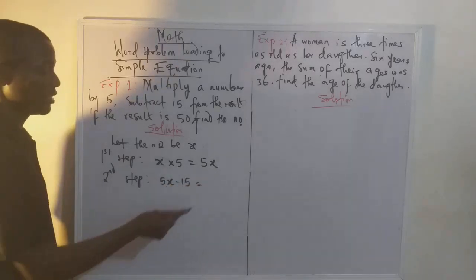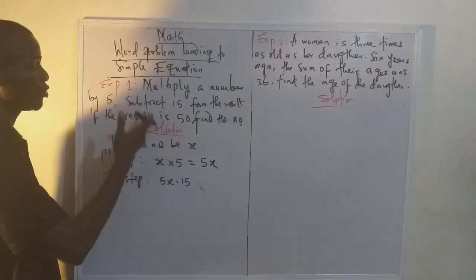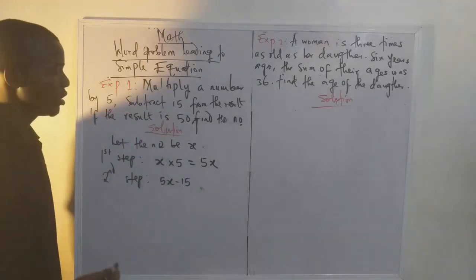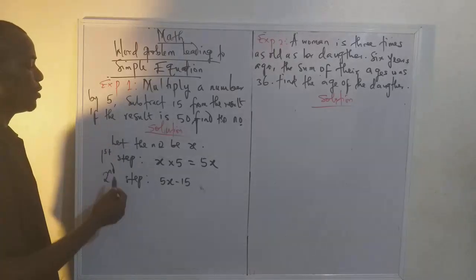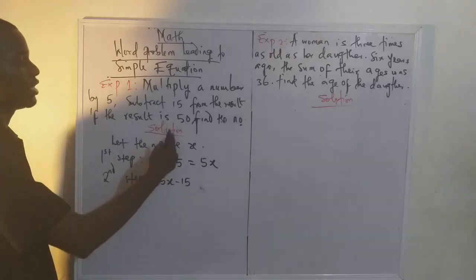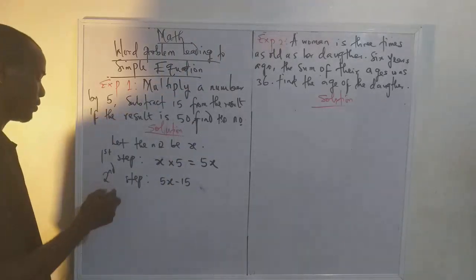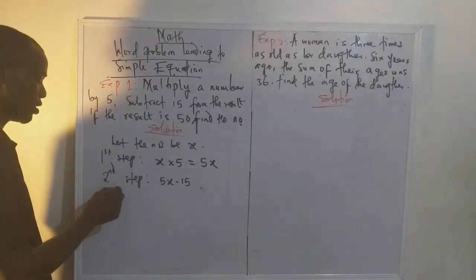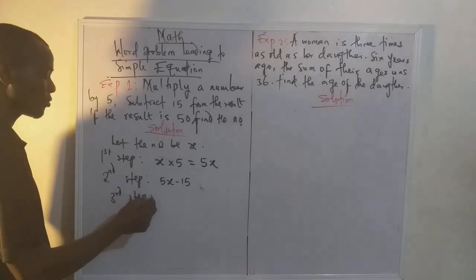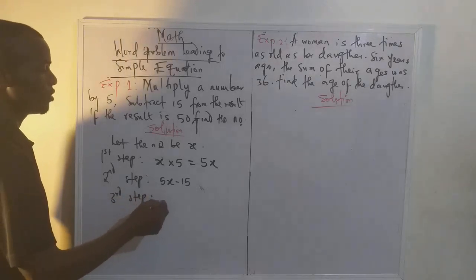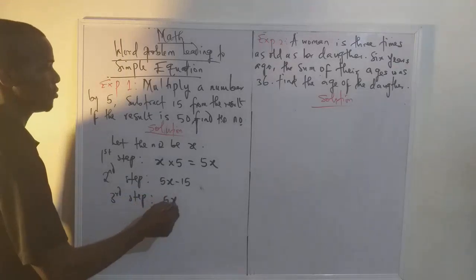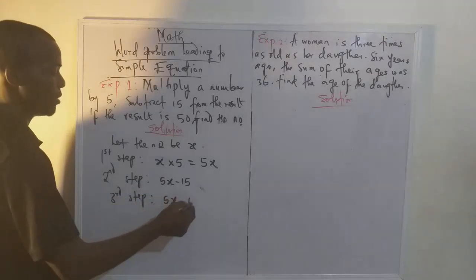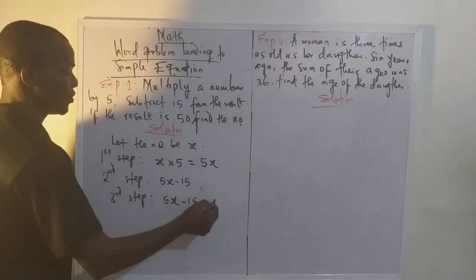As specified in the question, we are to subtract 15 from the result. Now they said if this is 50, find the number. So third step, we have 5x minus 15 equals to 50.